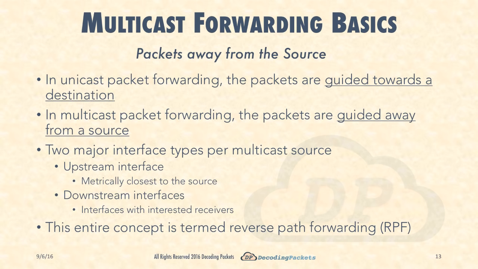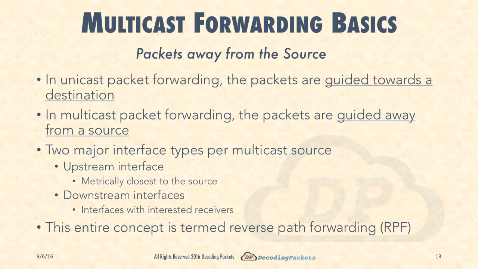So the forwarding basics. It bears repeating the actual comparison to unicast packet forwarding. In unicast packet forwarding, we have always been taught, and really the routers behave in such a way, that the packets always are guided towards a destination.